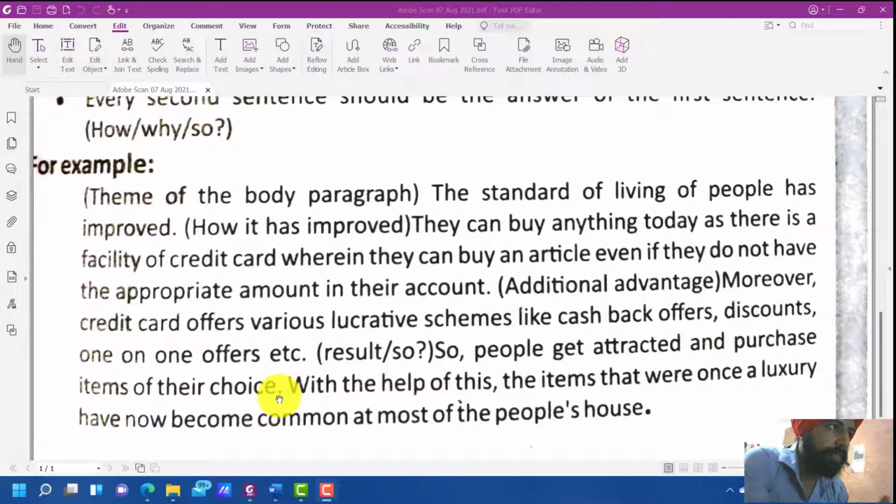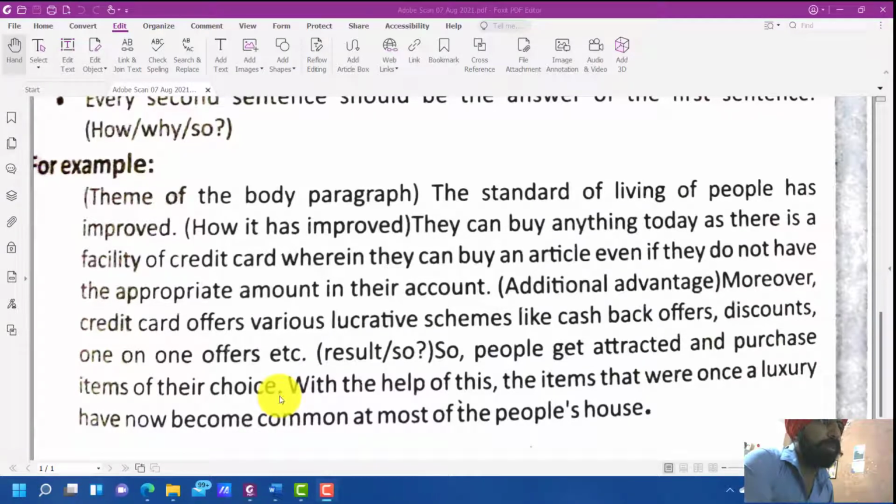For example, people get attracted and purchase the items of their choice, and with the help of this, what was once a luxury has become common in most people's houses.